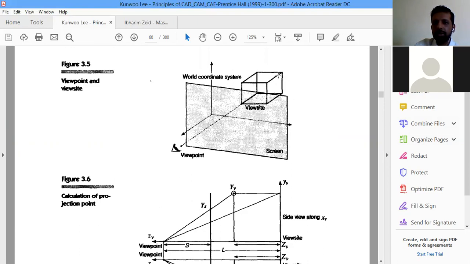If you take this as the y-axis, this as the z-axis, and this one as the x-axis, then for the top view it requires the x and z axes, because this shadow, when we look from the top, will fall onto this particular plane. When you look from the side view, it is going to fall onto the YZ plane, right?